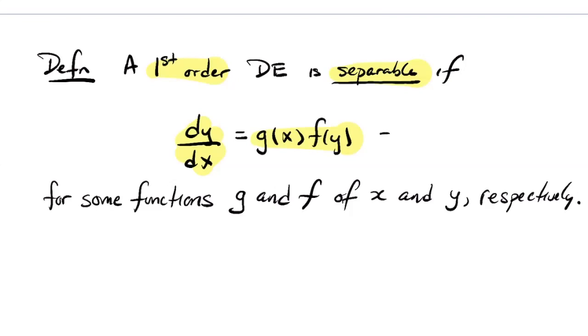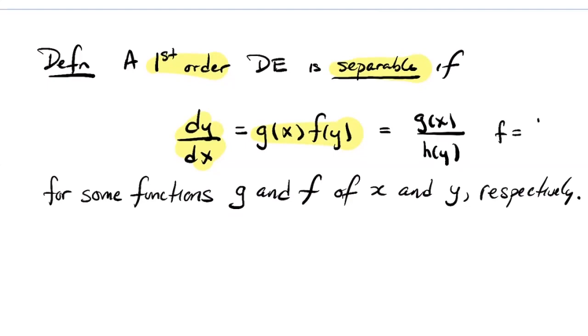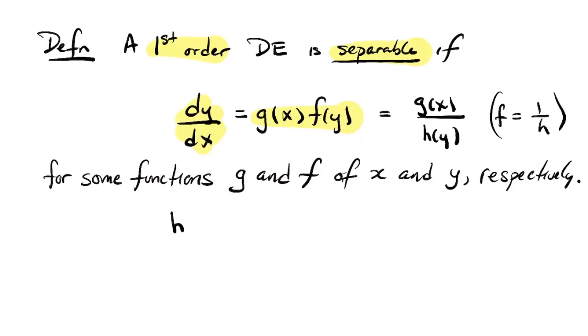Or it's often very convenient to think of this product as actually a fraction. So I'll just write the f of y as 1 over something called h. So if I make a variable substitution, f is 1 over h, then I can rewrite that differential equation in the form h of y dy is equal to g of x dx. Okay, so we can separate the variables, separate x and y.